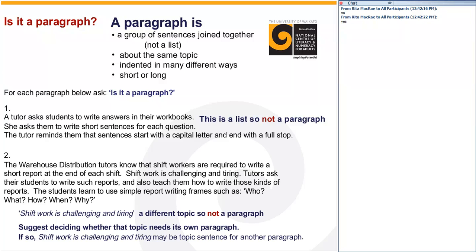If you are working with a learner who suddenly puts one new idea into a paragraph and everything else matches okay, then you might suggest they think about whether it needs its own paragraph. You may even remove that idea and it could become the topic sentence for a new paragraph.